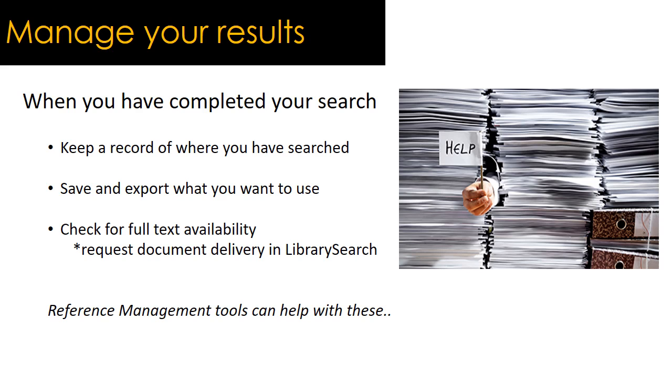And just a word about full text availability. Always check if there's something that you really want, that we do actually have it available at the University of Kent. Some of the databases that you'll search are huge indexes, and we don't actually subscribe to every single journal that they include. If this is something, though, that you really need for your research, you can put a request in via Library Search, and that's called document delivery.